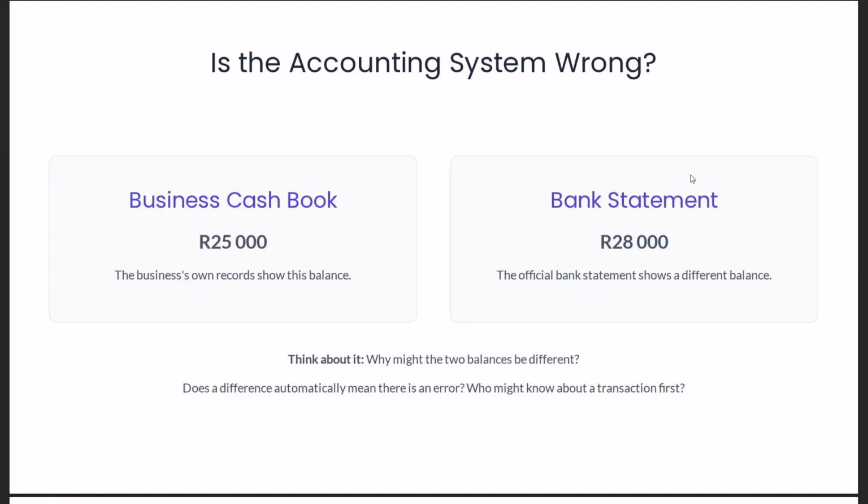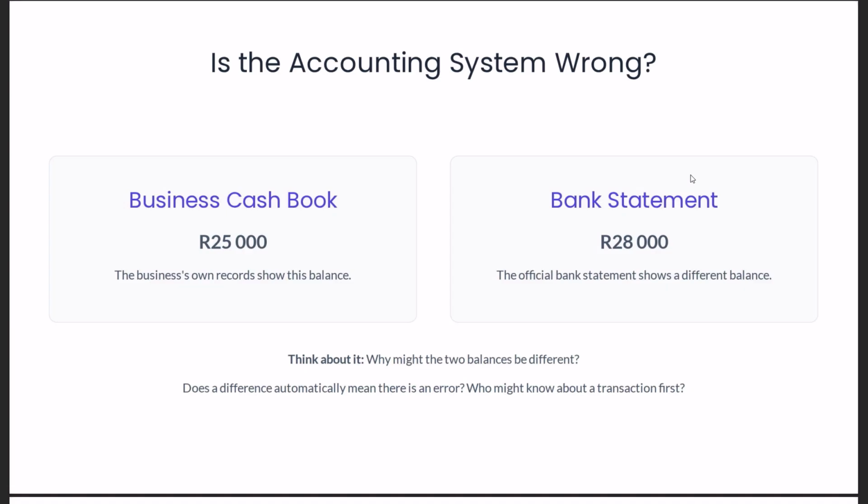And this is a question that I would like to start with. Suppose we have a business cash book that has 25,000, and it shows in the business records as 25,000.